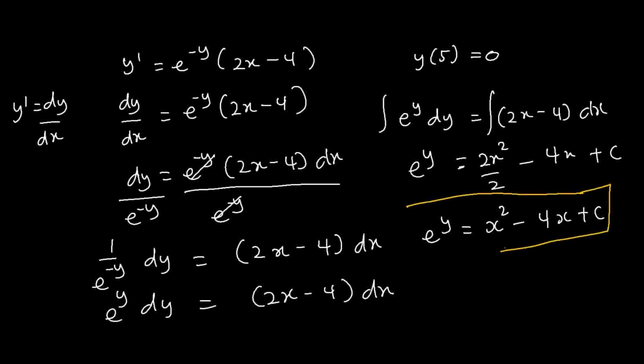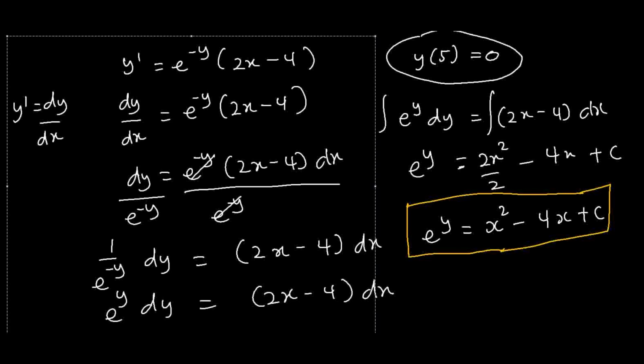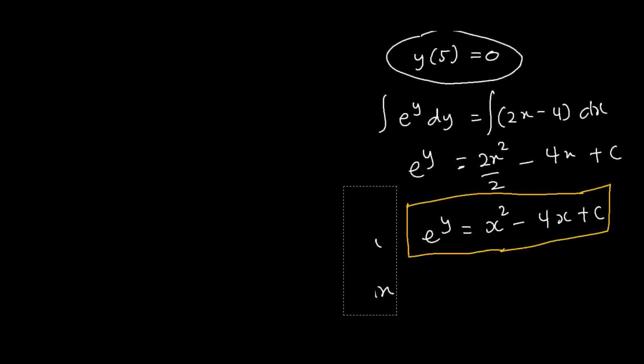Okay, so we have to find a particular solution by applying the initial condition that we were given here. Okay, so let's do that. So all you have to do now is to use the initial condition to get a particular solution.